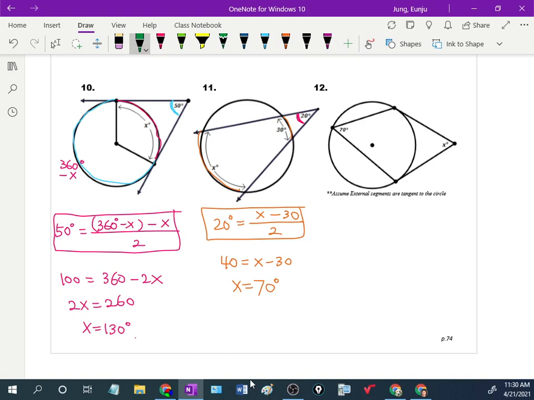Last one. This is the angle formed outside from two tangent lines. So I need to think about subtracting this guy minus the small one inside here, right? And then we'll divide by 2. To do that, I need to know this measure and the outer measure.